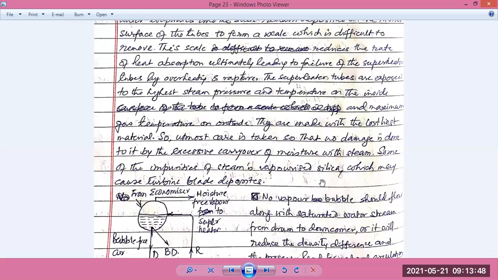So no vapor bubble should flow along with the saturated water stream from the drum to the downcomer. So the drum will supply the saturated water to the downcomer and no steam with it. Vapor bubble means some steam, which should not go to this line at all.